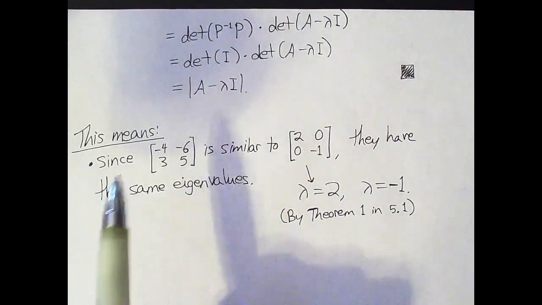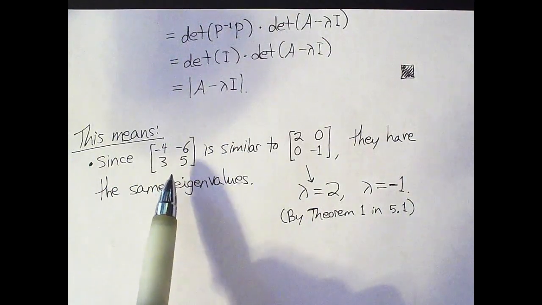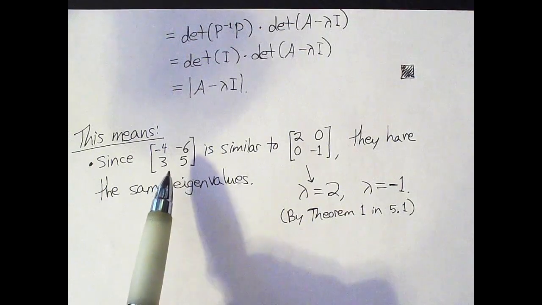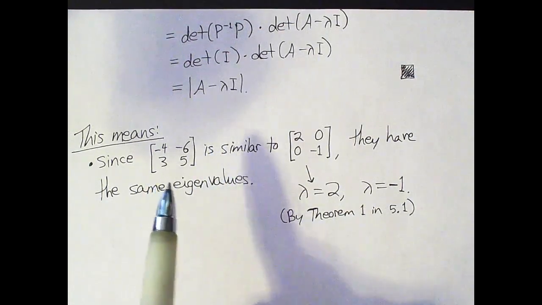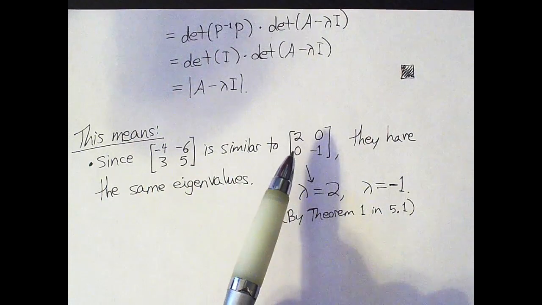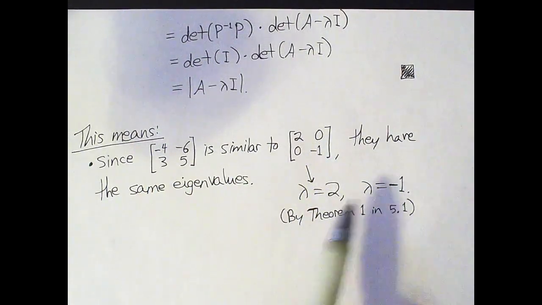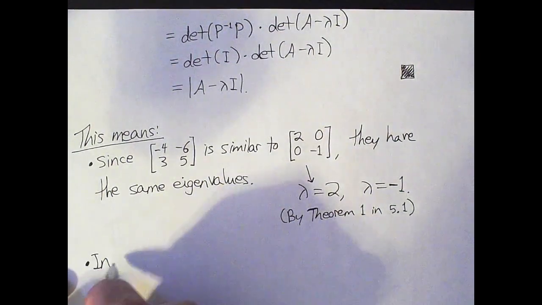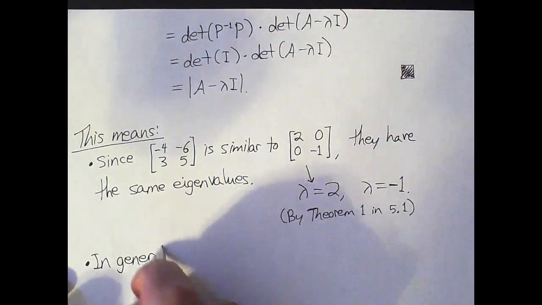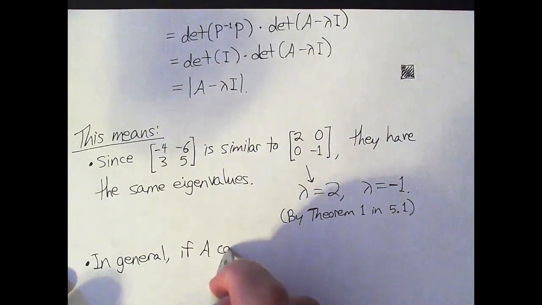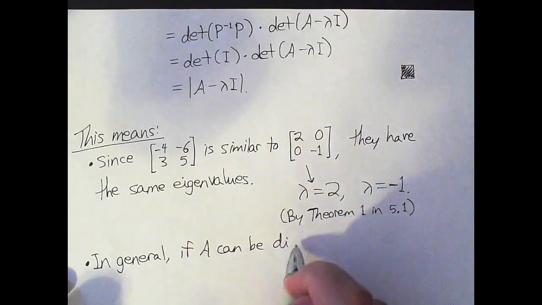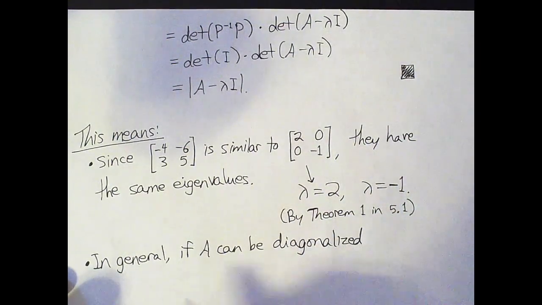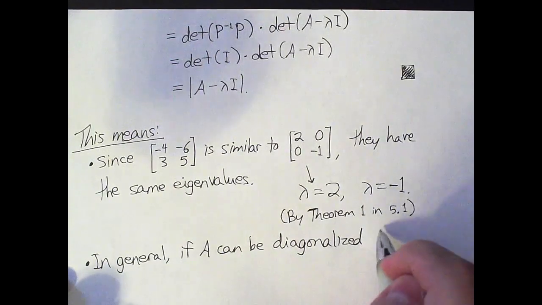So this is pretty cool, because what if we wanted to find the eigenvalues of this 2 by 2 matrix? We know how to do that. We know how to find the characteristic polynomial and all of that. But if we knew that it was similar to this, we get the eigenvalues immediately. In general, if A can be diagonalized, I use the word if, so that means not every matrix can be diagonalized.